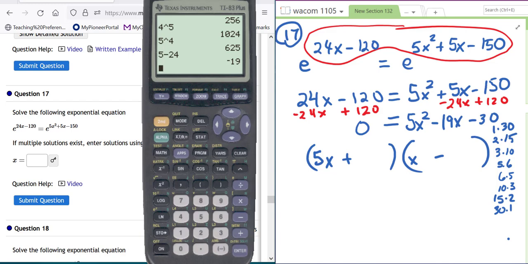Now, there are a bunch of them I could throw away because of a common factor in the first parentheses.